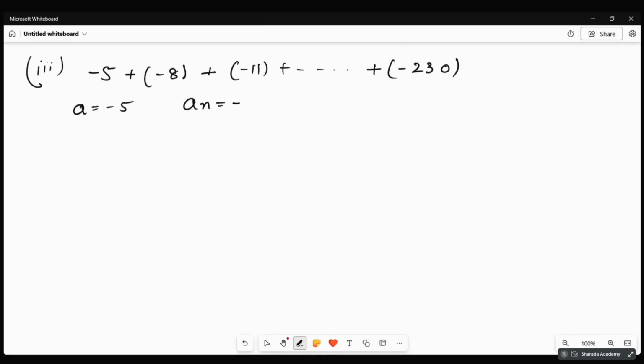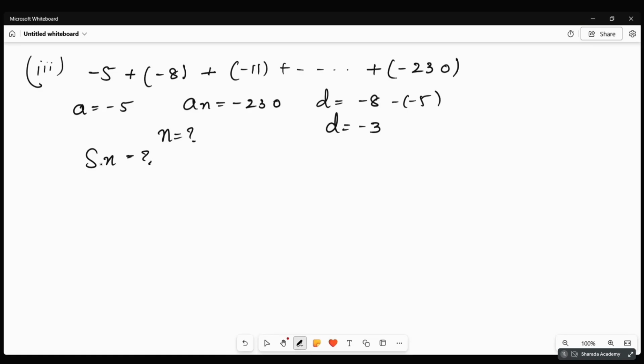An is equal to minus 230. d is equal to minus 8 minus of minus 5. So d is equal to minus 3. So you should find the n and you should find Sn. These two you should find.